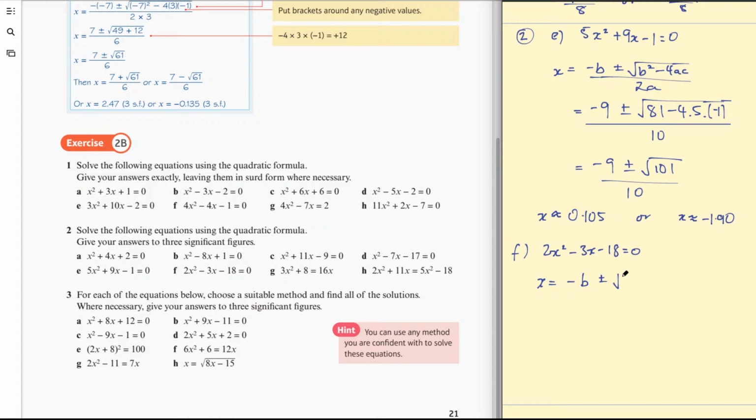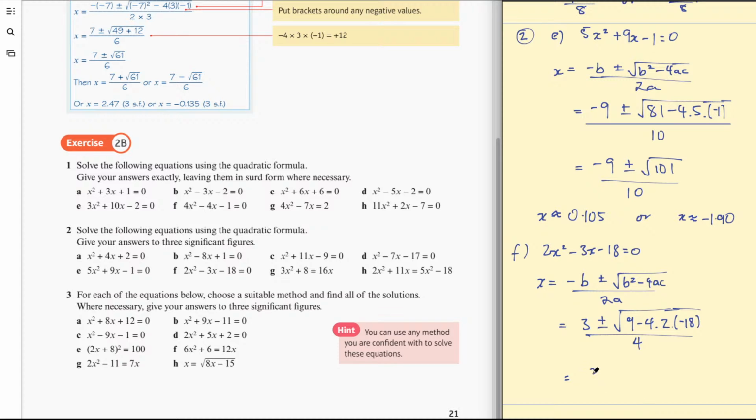Anyways, quadratic formula, -b plus or minus the square root of b squared take 4ac over 2a. Plugging them in, -b, -3 is +3, plus or minus the square root of b squared, -3 squared is 9, take 4 times a is 2, times c is -18, and this is all over 2a, so 2 times 2 is 4.